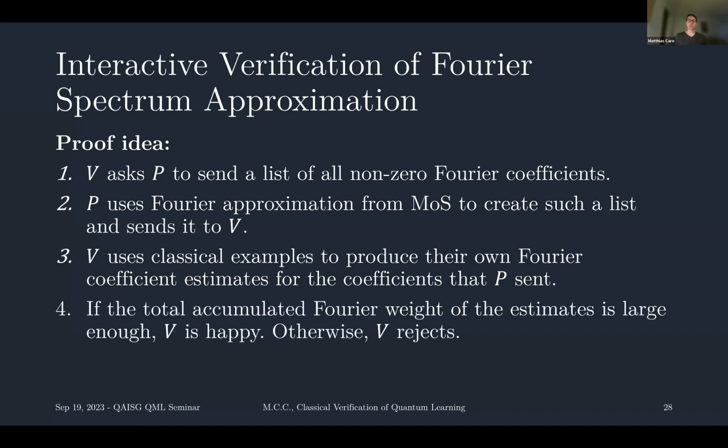And then the verifier checks whether the total accumulated Fourier weight is large enough. And then the verifier is happy. But if this is not the case, so if there is so much Fourier weight missing that the prover could be hiding an important Fourier coefficient, then the verifier is going to reject the interaction.